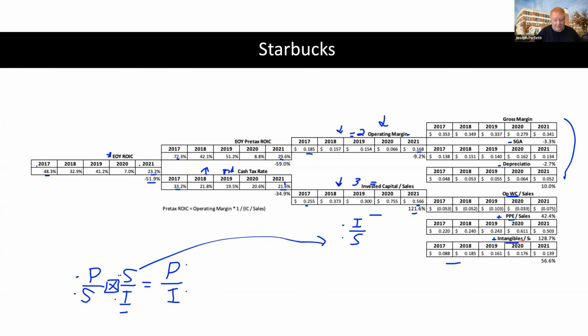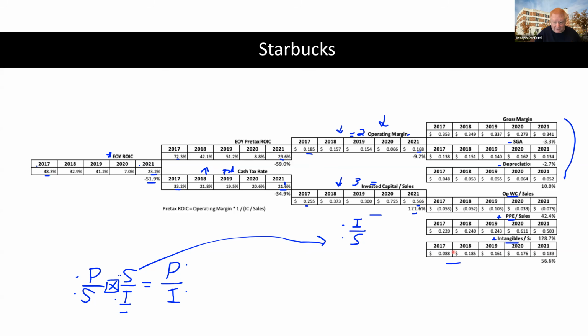The third factor is spending on intangibles. In 2017, they spent 8.8 cents on intangibles per dollar of sales. In 2021, they spent 13.9 cents per dollar of sales. That's a 56.6% increase. So they spent a lot more in acquisitions.